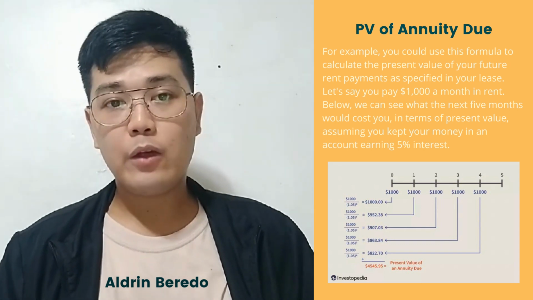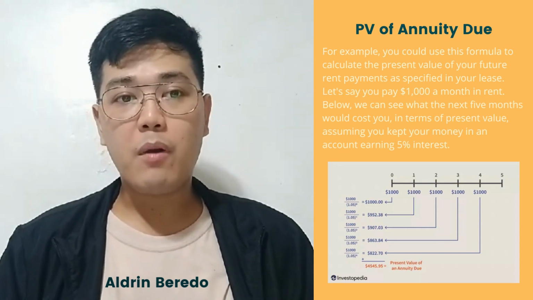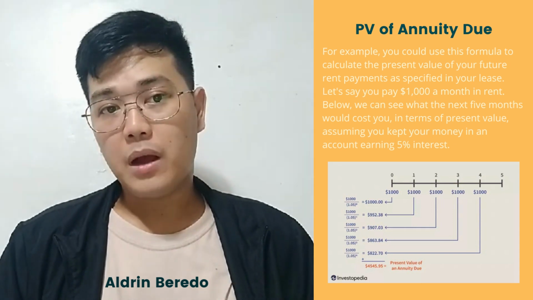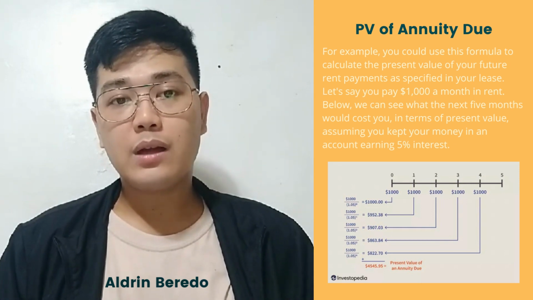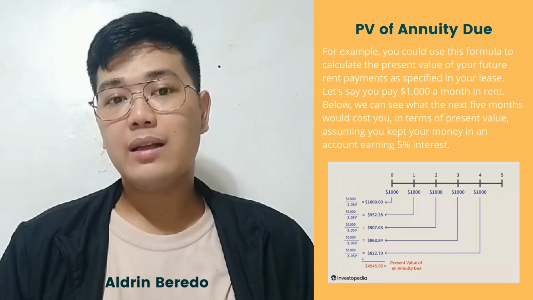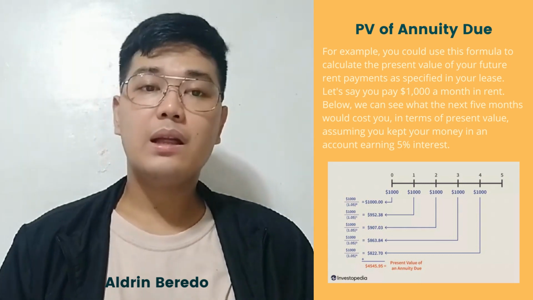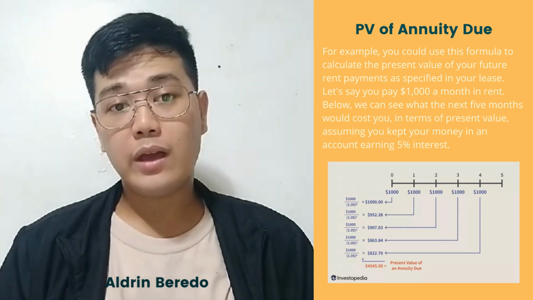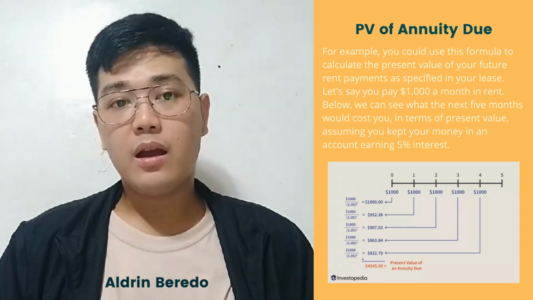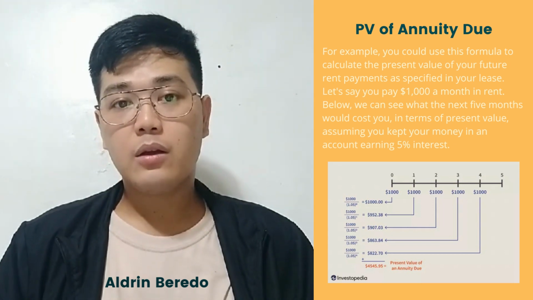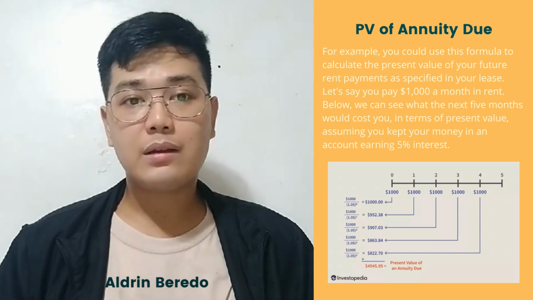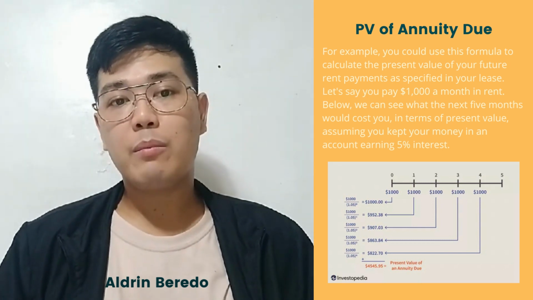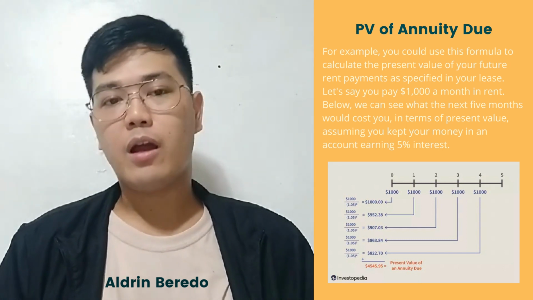After we get the value for each month, we need to sum up, and our present value of an annuity due is $4,545.95. Basically, for us to get the $5,000 after 5 months with the interest of 5%, we need to invest $4,545.95.